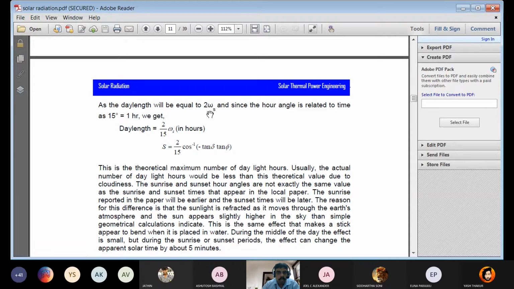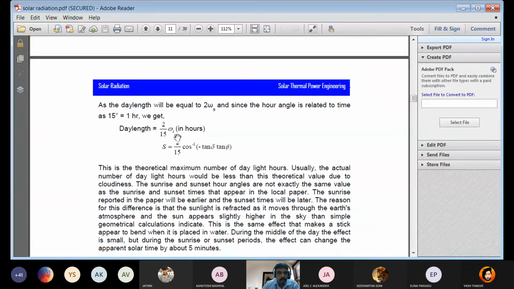It is defined like that. Day length is equal to 2 times the sunset hour angle. Okay, so the sunset hour angle is cos inverse of minus tan phi tan delta, and 1 hour is equal to 15 degrees. So we will get 2 by 15 cos inverse of minus tan phi tan delta as the day length, that is in hours.